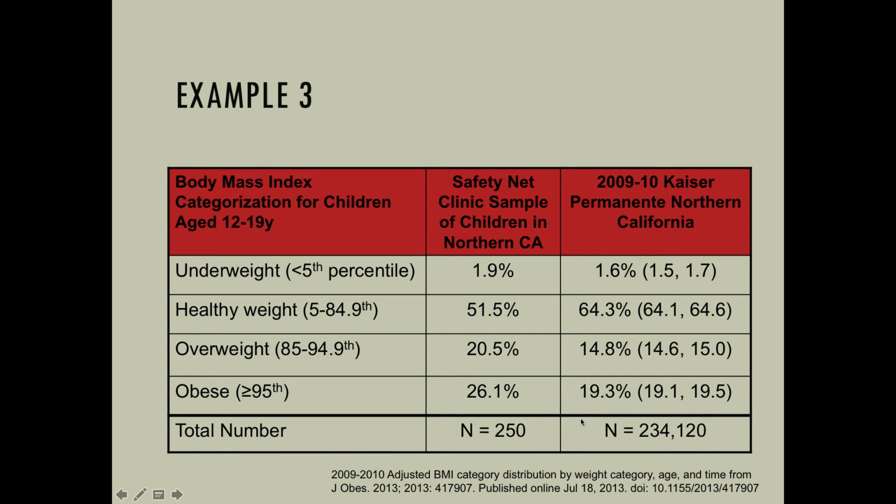So what does this mean? What do you think it means? Any guesses? Or maybe not guesses, thoughts? So what is this table telling us about our sample compared to this population of Northern California national sample?